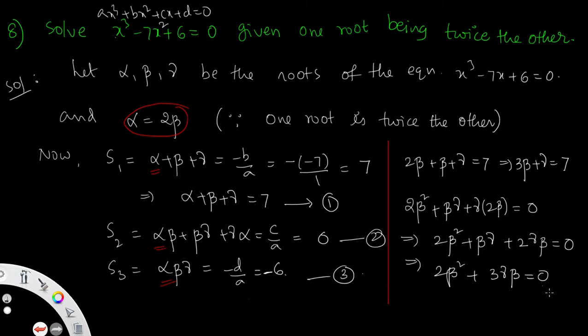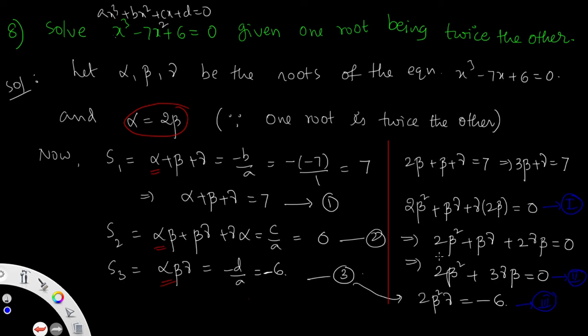And lastly, the third equation, with alpha written as 2 beta, becomes 2 beta into beta into gamma, that is 2 beta square gamma equal to minus 6. These are the transformed equations as per the condition alpha equal to 2 beta, one root being twice the other.